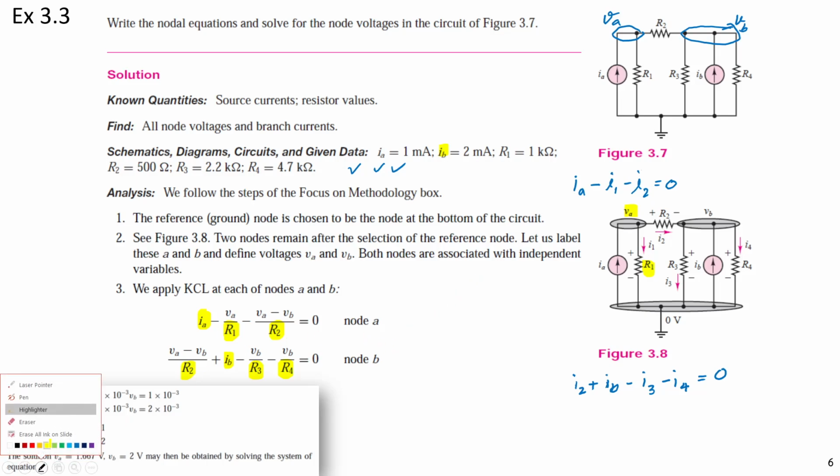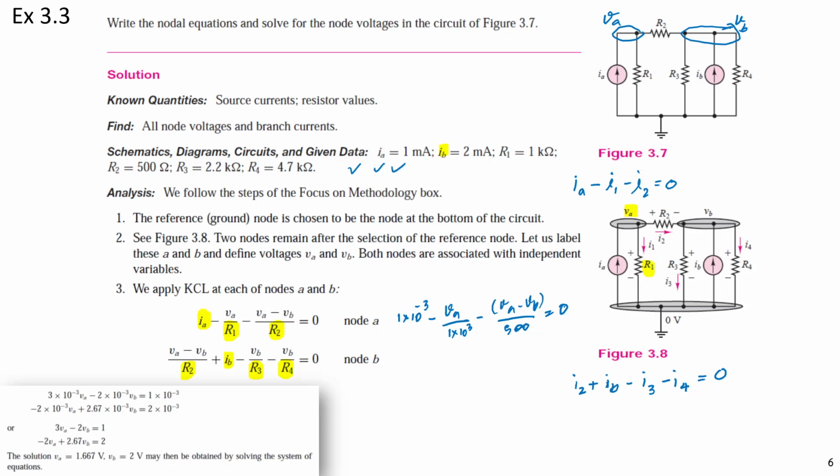Or we can further arrange this: 1 multiplied minus VA divided by R1, 1K, minus VA minus VB divided by 500 equal to 0. That is this equation.